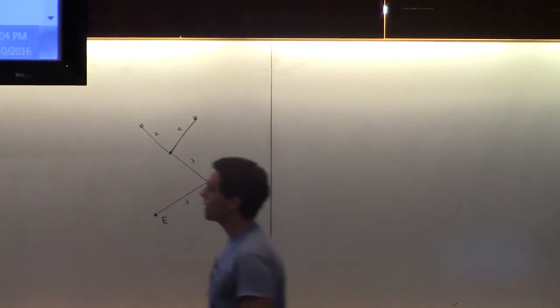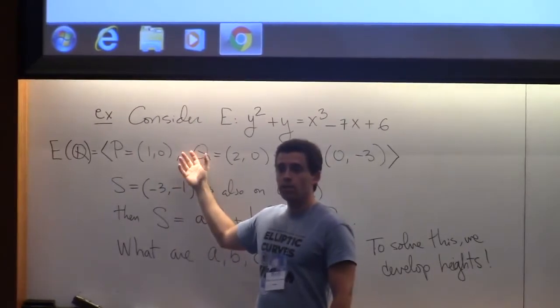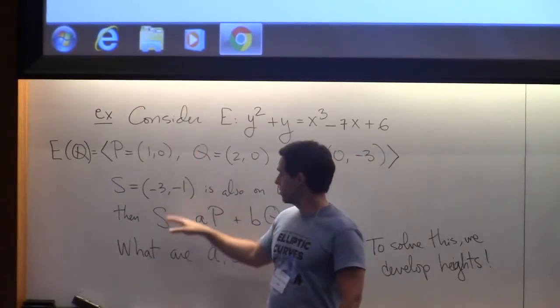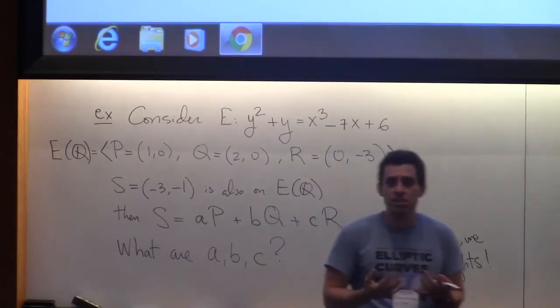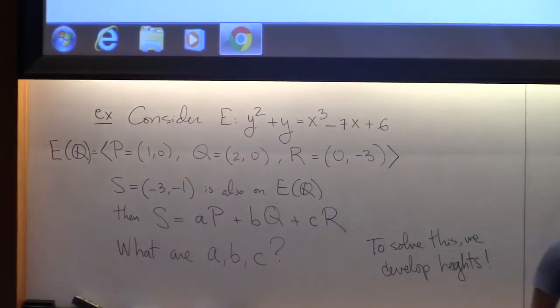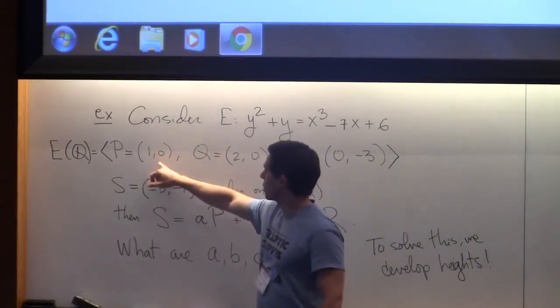So our hope is that if we add points of small height, we're going to get other points of larger height. By height I mean the number of digits that I have to express my number. So this is 0, that's as low as you can go.